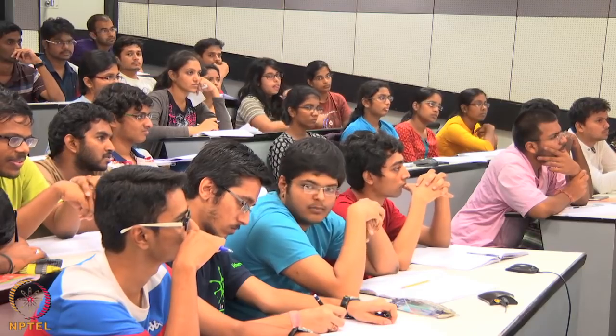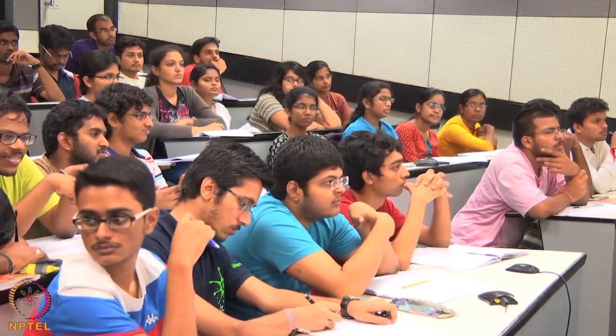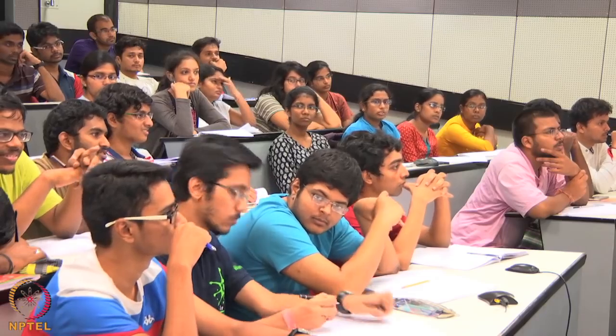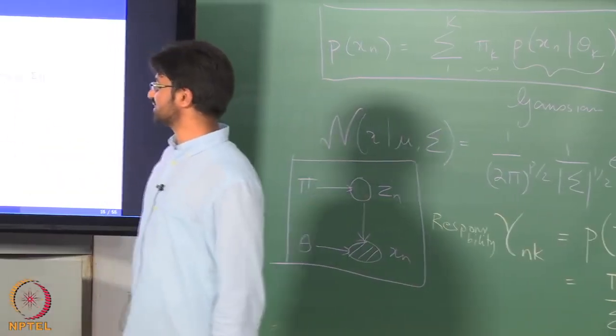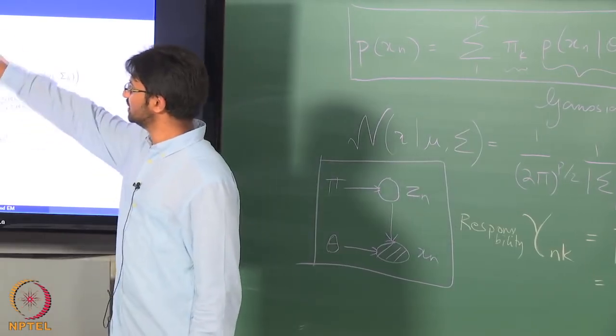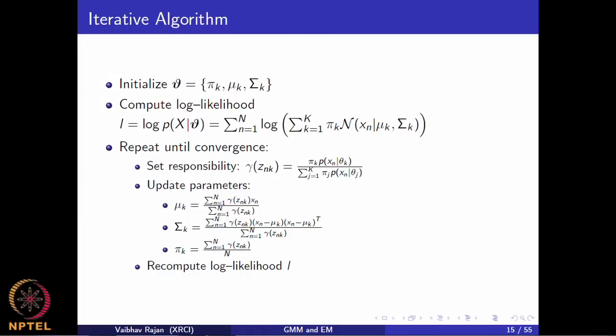Any? Start with some assumption. Exactly. Substitute them back. Exactly. So this is our first guess. We start with some initialization. I'll denote by curly theta all the parameters, and we start with some guess of the parameters, and then we will compute the log likelihood.